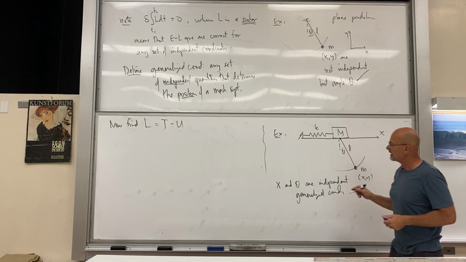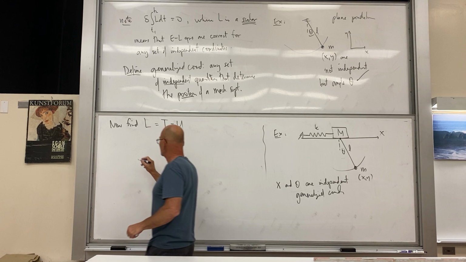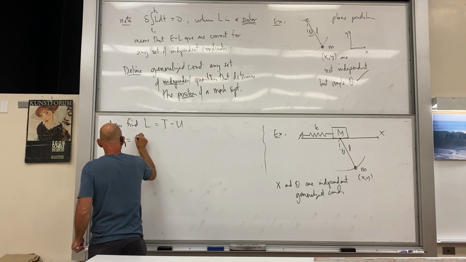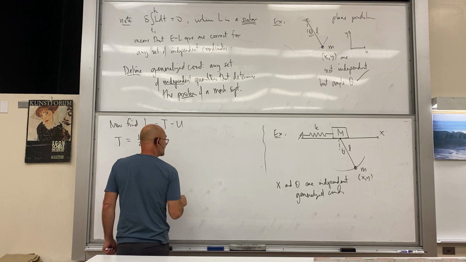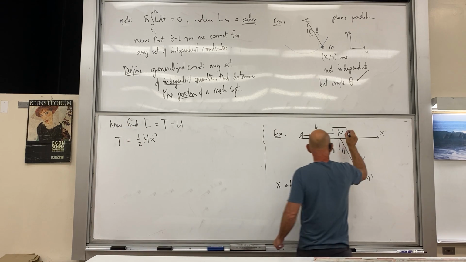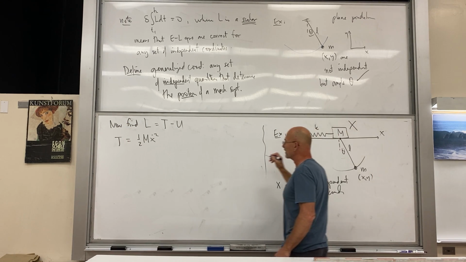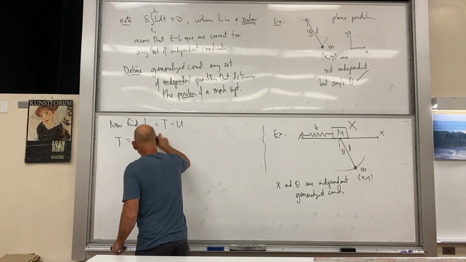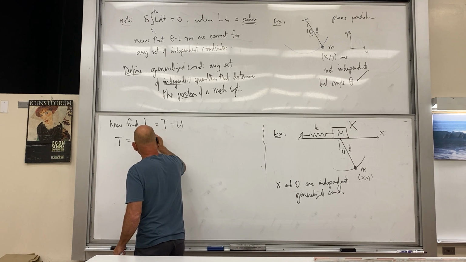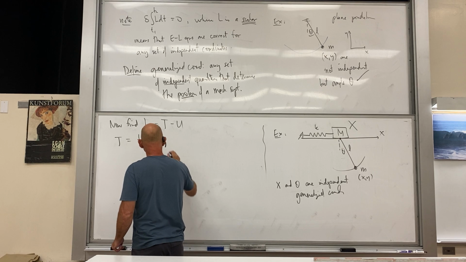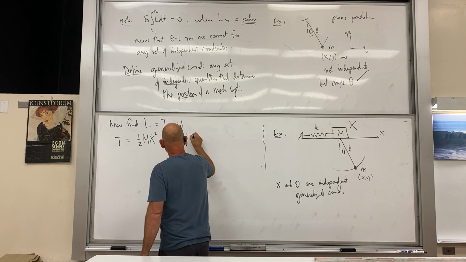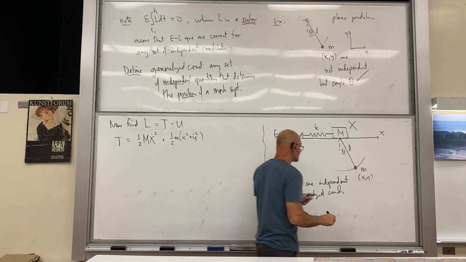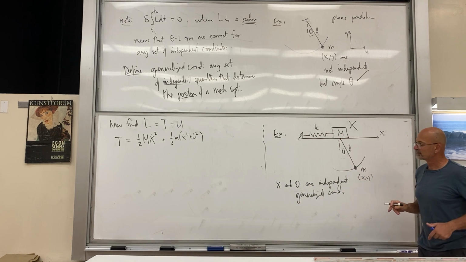So we could have T equals 1/2 capital M X dot squared, and I'm going to use a capital X for this coordinate here, plus 1/2 lowercase m times x dot squared plus y dot squared for this one here.